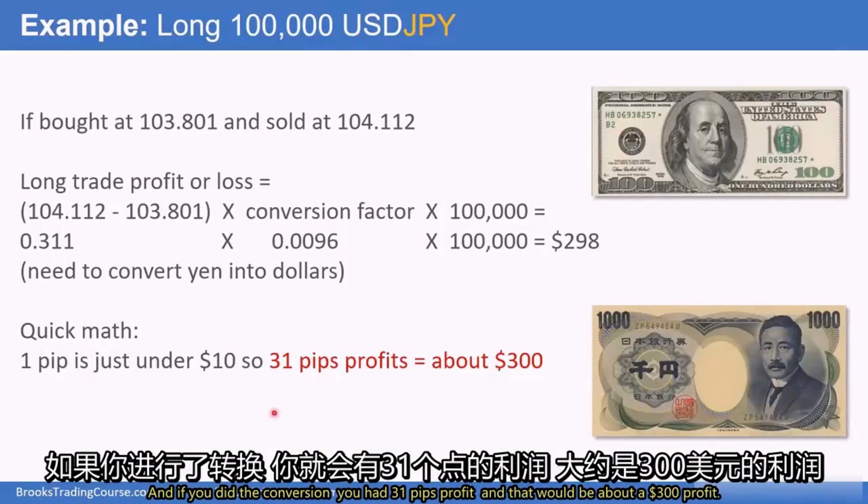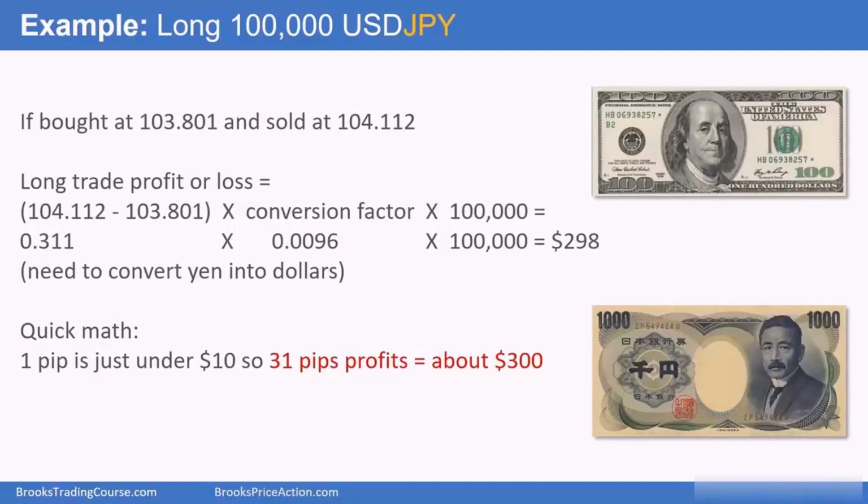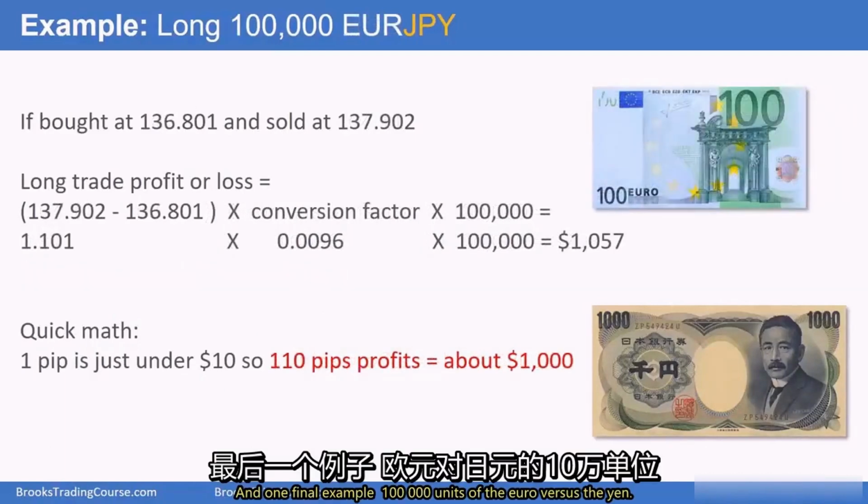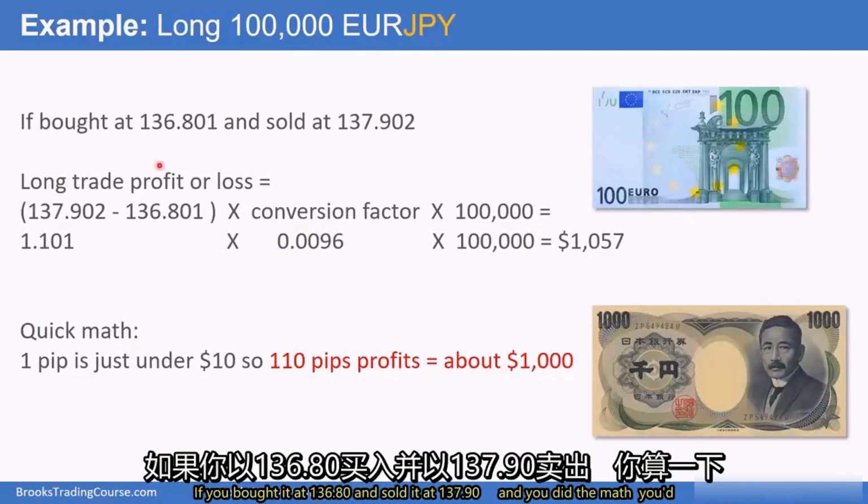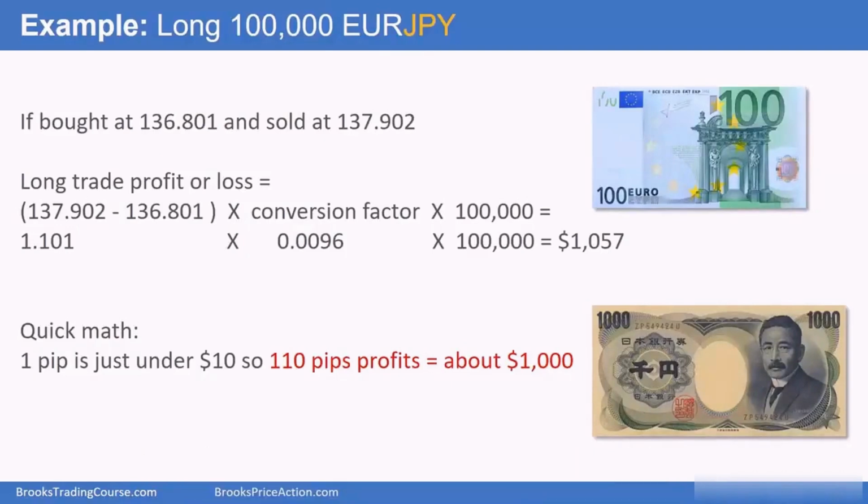And if you did the conversion, you had 31 pips profit, and that would be about a $300 profit. And one final example, 100,000 units of the euro versus the yen. If you bought it at 136.80 and sold it at 137.90, right? And you did the math, you'd have about $1,000 profit.